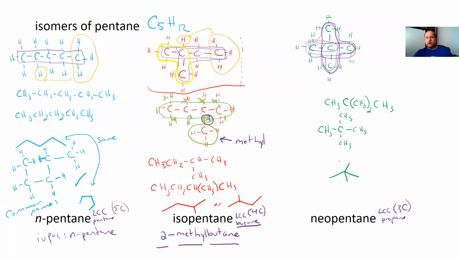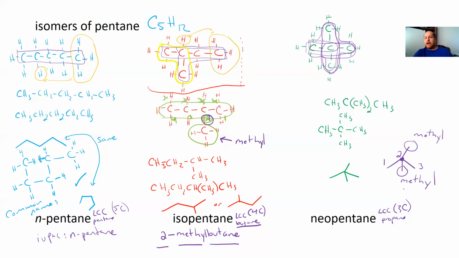If we go to our next version now, I'll do this on a line angle drawing. There we go. We said we could number this any way we want, so I'm just going to number it from left to right, because that's how we always read. So 1, 2, and 3, and we have two methyl groups, both attached to this second carbon.